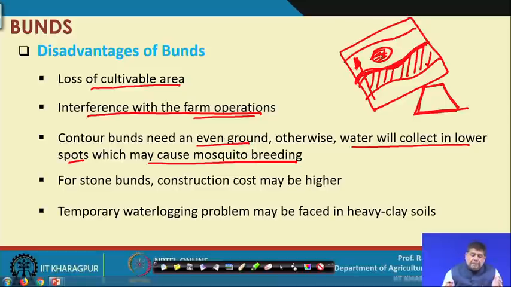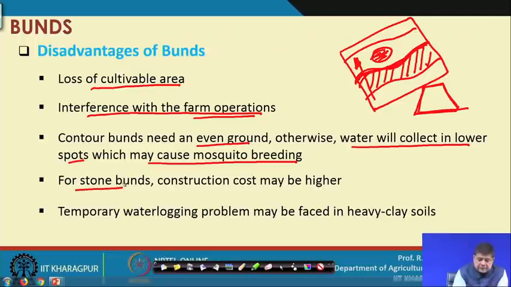That might result in waterborne diseases, especially mosquito breeding. So, we must see that there are no potholes in between the bunds, and that there is no possibility of water storage over a longer period of time. That we have to ensure.